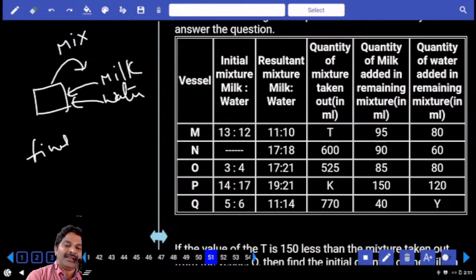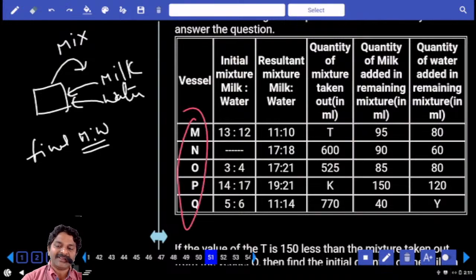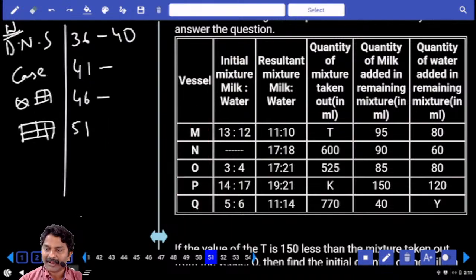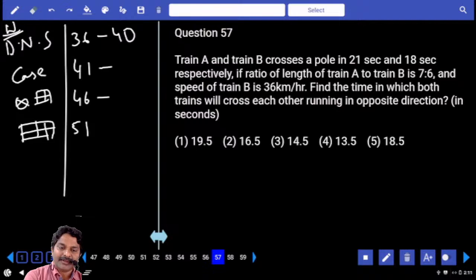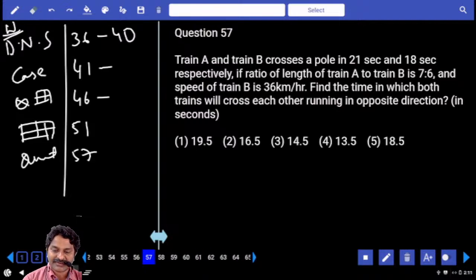Finally you are given ratio between milk and water. Like that, how many vessels are there? 5 vessels. Should be 5 questions, I hope. So concept, ratio, proportion involved. Right, till 56. From 57 onwards we have quant questions.